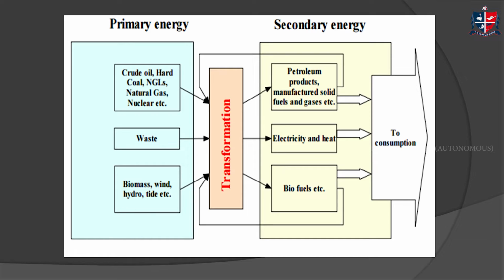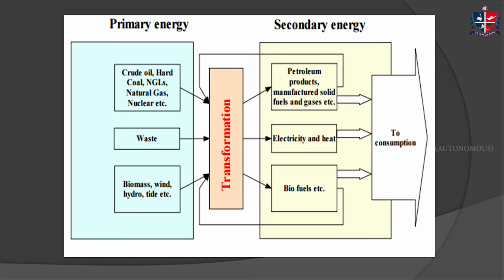Here we know that from biomass we can extract biofuels. Could you name some biofuels which substitute our petrol and diesel? There are many biofuels like ethanol, biodiesel, etc. These are all substitutes which can be used as a renewable energy source. These are all obtained from a primary component, which is why we call this a secondary energy source.